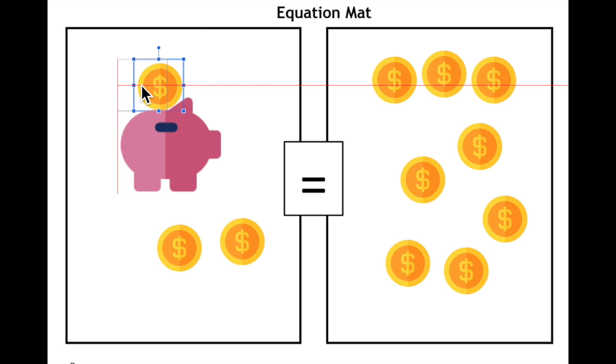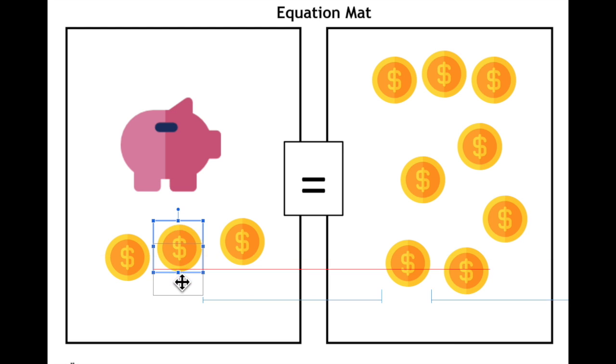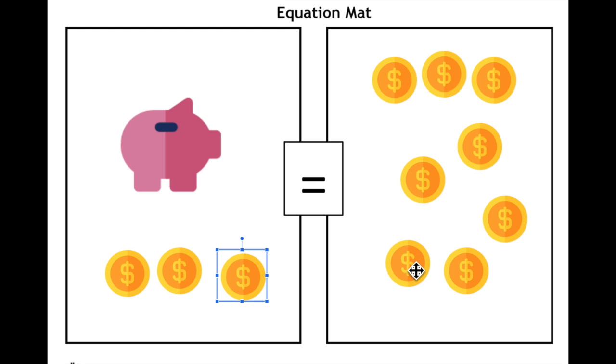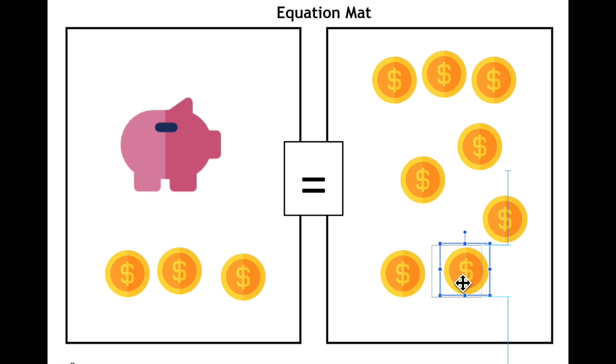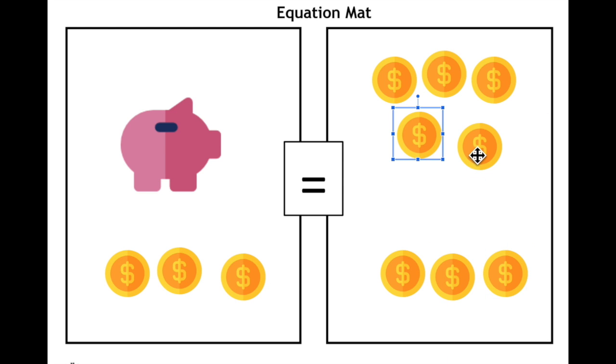But if not, here, let me show you something we can do. So there's these 3 coins that are out here, just kind of lying about. And there's all kinds of coins over here. But I'm going to put these down here to match the ones on this side. And I'm going to put these up here.